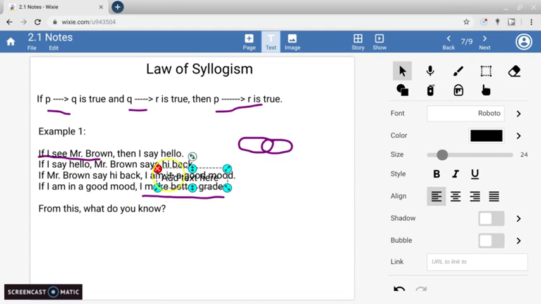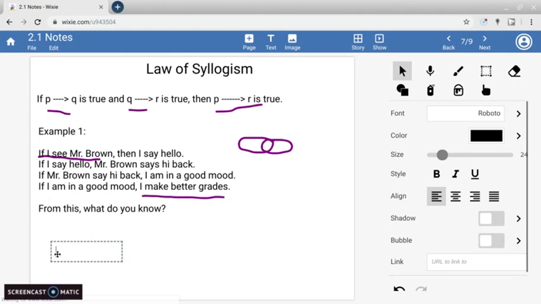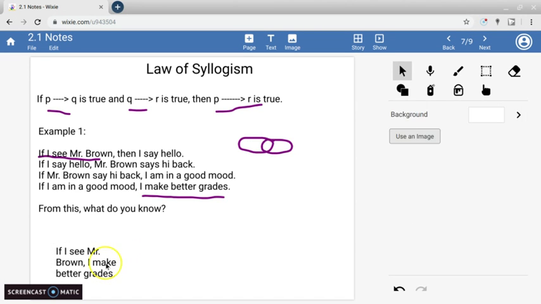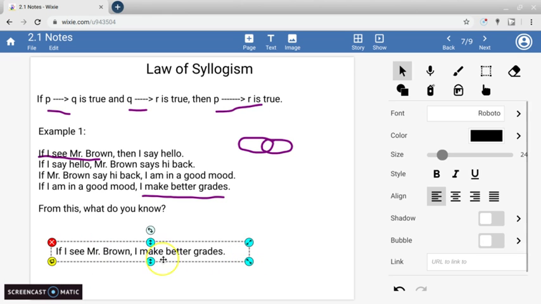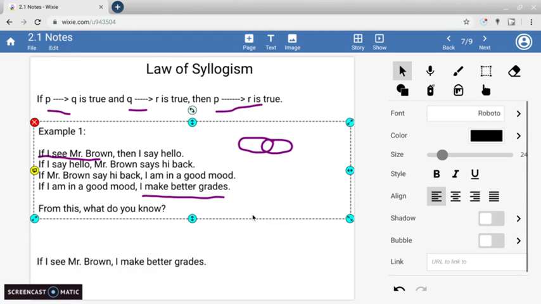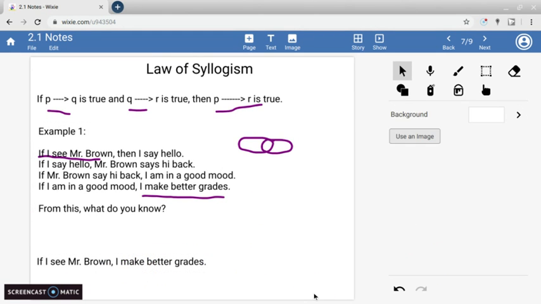What can be drawn is that if I see Mr. Brown, I make better grades. It doesn't exactly say that in this paragraph straight off, but we know that all these things are true, so they have to be connected to each other.